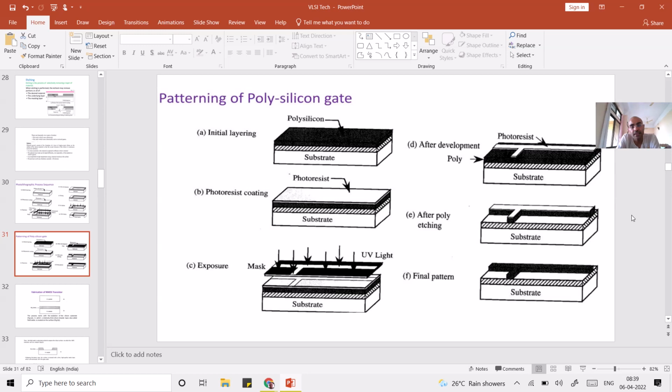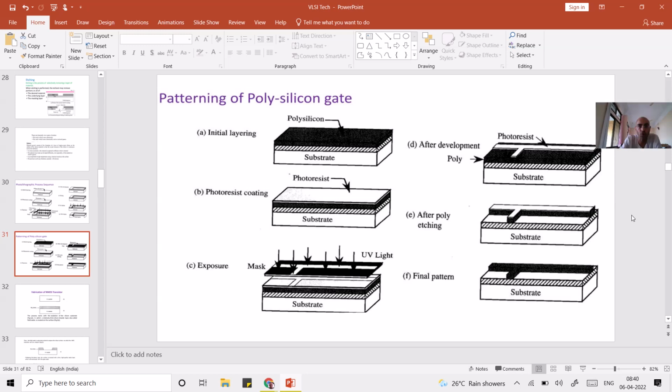But the problem with aluminum was that you cannot make very small geometry devices. The basic reason was that in that technology, you first have to make the source and the drain regions, and once they are made, the aluminum gate region is formed.